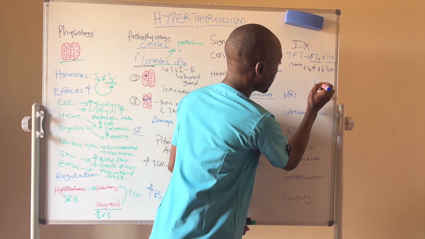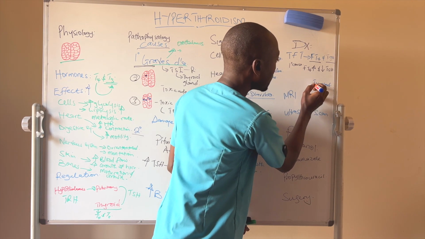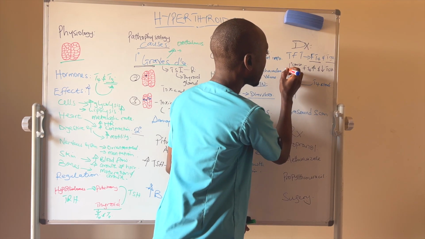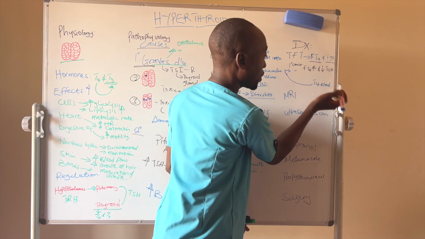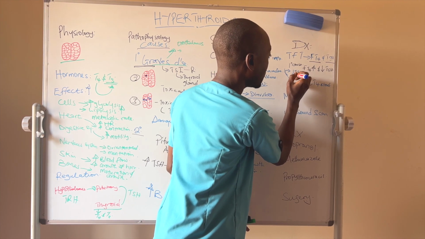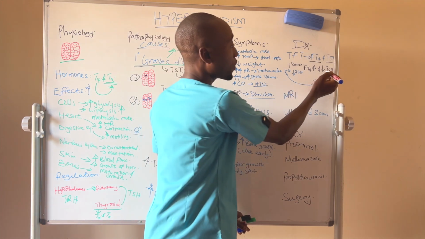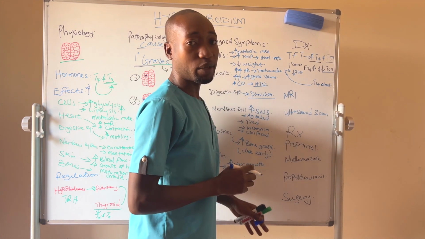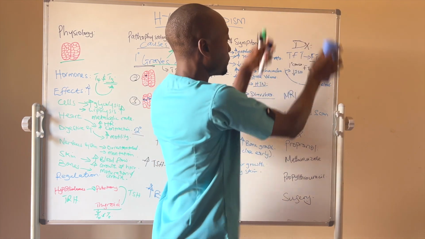You have a lot of T4 in blood. This information will go back to the pituitary and tell it to reduce the production of TSH. And therefore, you will have low TSH in blood, but high free T4.